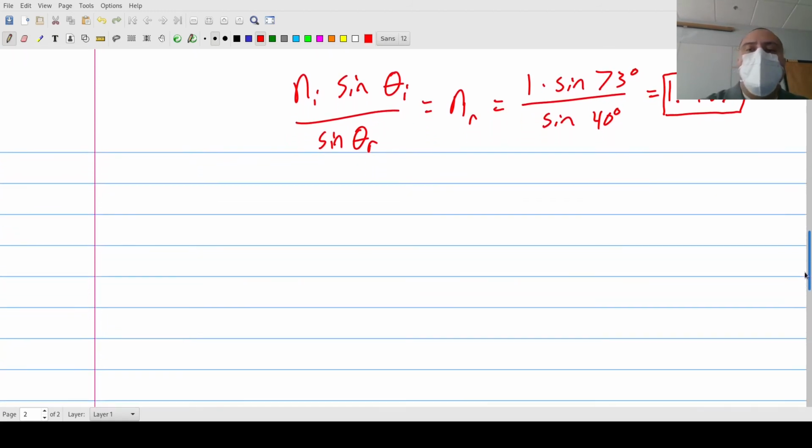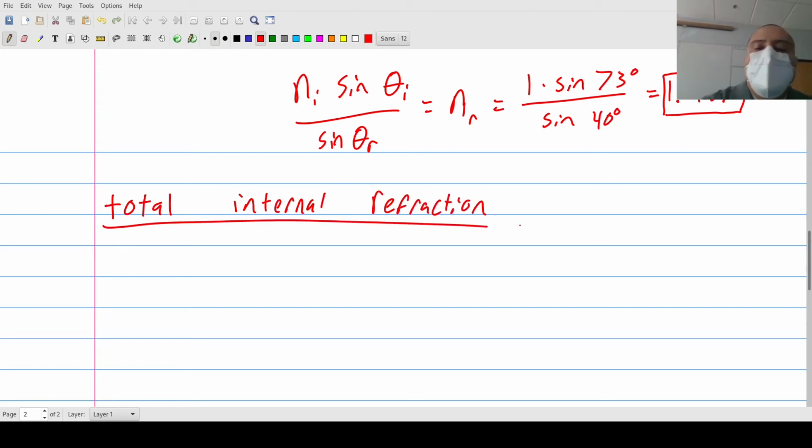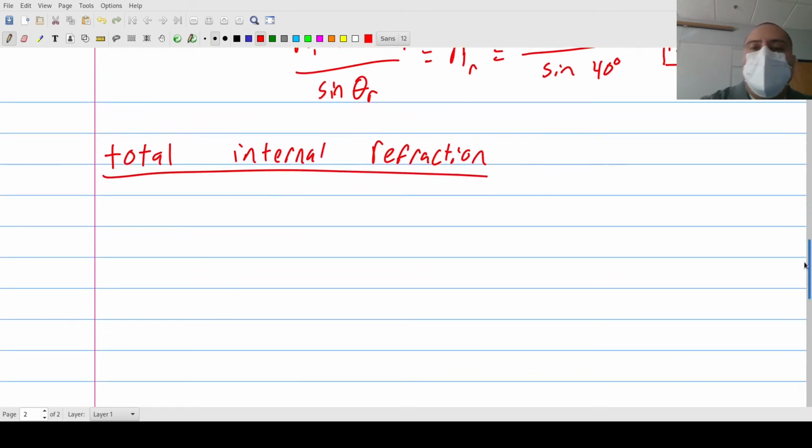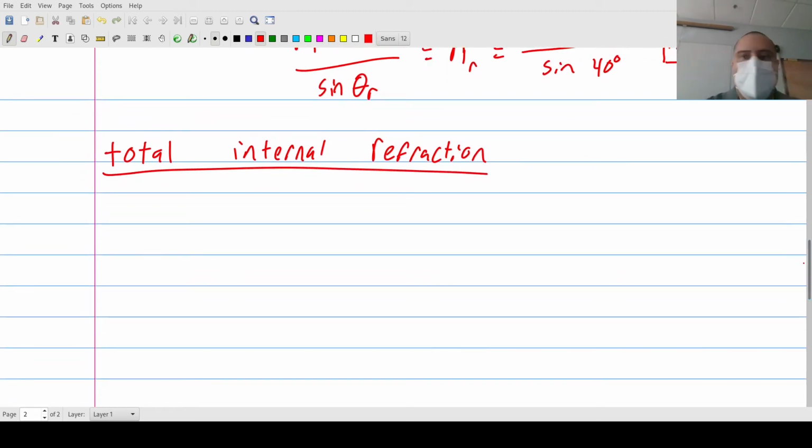Continuing here, what about the idea of total internal refraction? Well, it's going to be based on this idea.